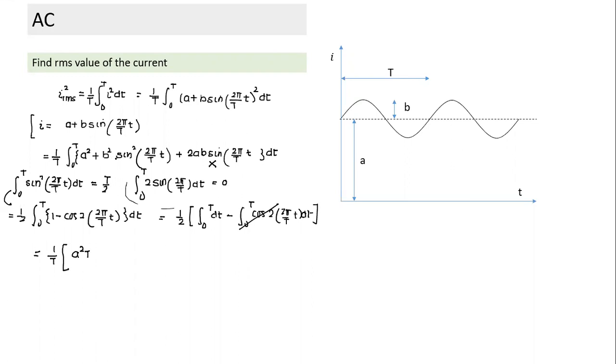Integration of this term is t by 2, so it becomes b square t by 2. And the third term's integration comes equal to 0. So this comes equal to a square plus b square by 2, which is equal to my IRMS square. So IRMS is equal to root of a square plus b square by 2.